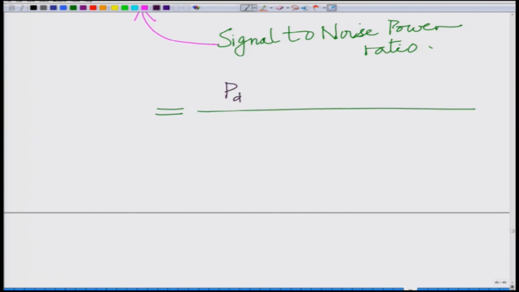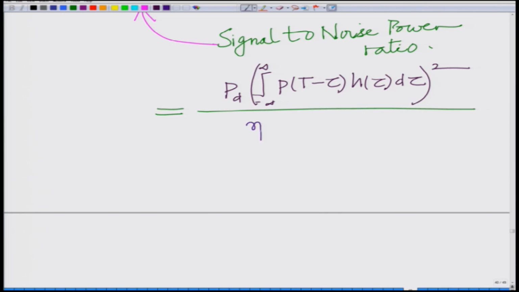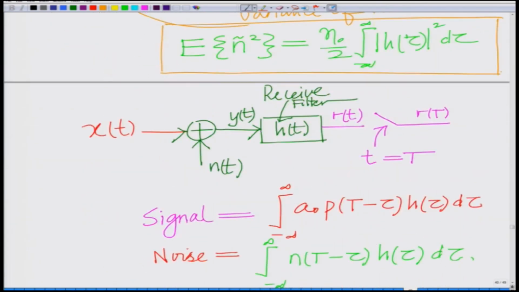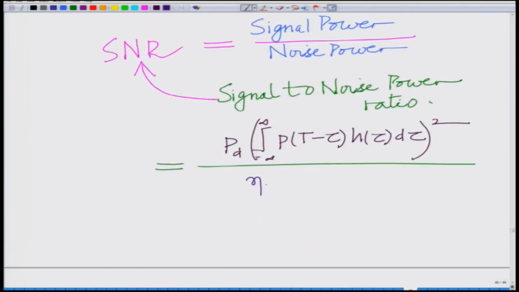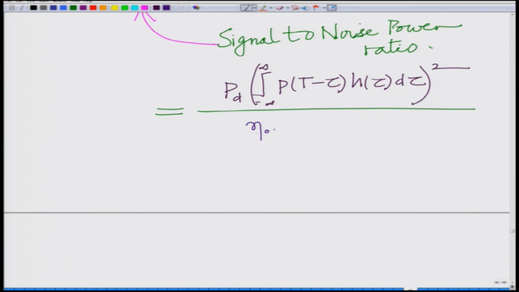The signal power is P_D, where P_D is the power of the information symbols, times the integral from minus infinity to infinity of p(T minus tau) h(tau) d tau, whole square. Remember p(t) is the pulse. We have also calculated the noise power. The noise power is eta naught by 2 times the integral of magnitude h(tau) square d tau, where eta naught by 2 is the power spectral density.